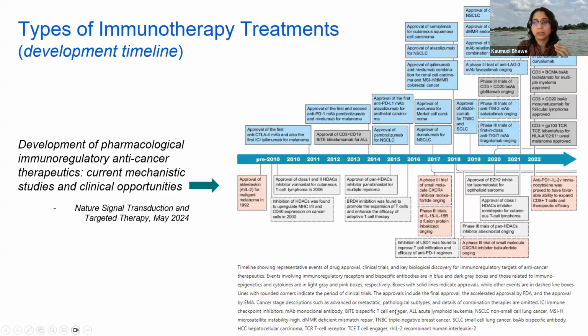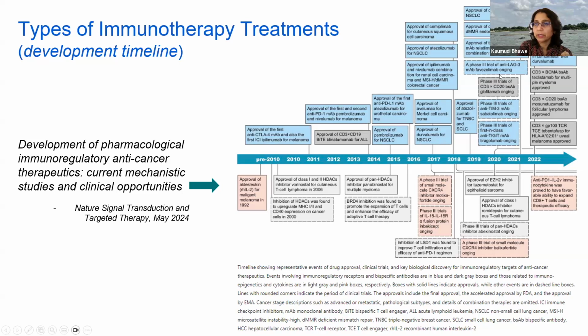So I just want to highlight here, the material written here is small font, sorry, and it's a lot, but I had to keep it here just to point to you that the boxes with the solid lines indicate approvals, complete like FDA approvals, okay? Other events are shown in the dashed lines. So you have the actual approvals and then you have other sort of milestone events, meaning the phase 3 trials are ongoing, for example.